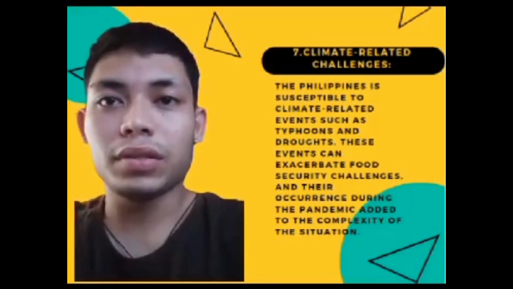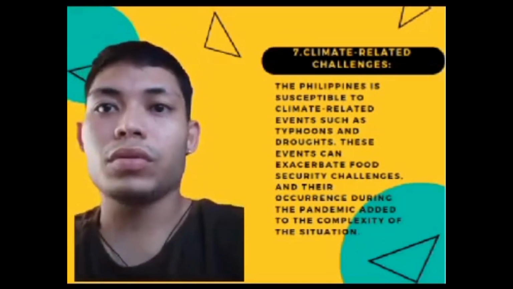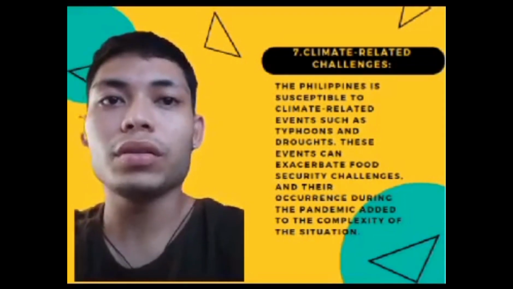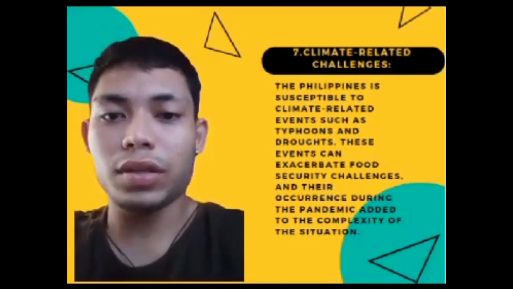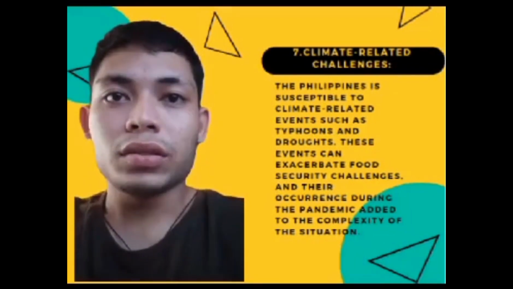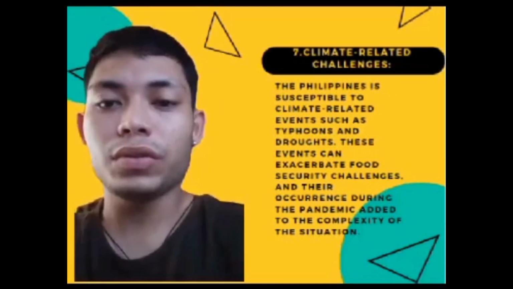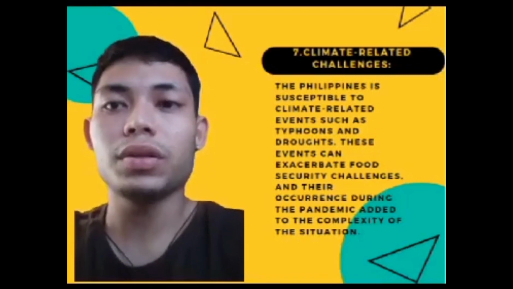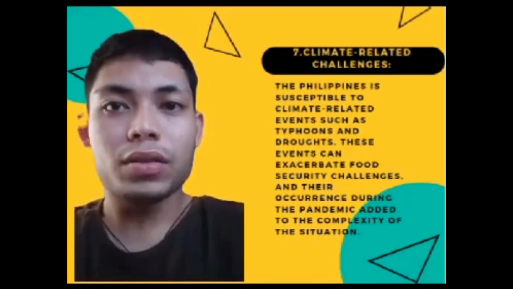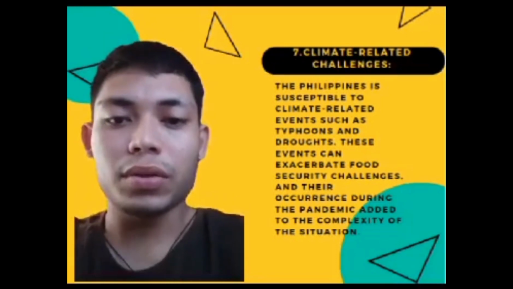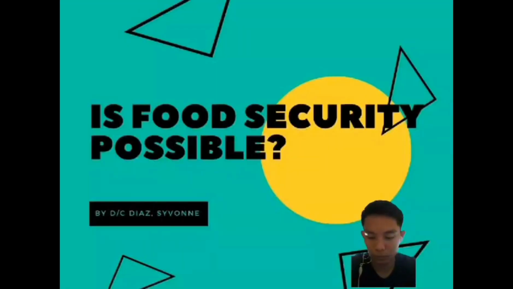The Philippines is susceptible to climate-related events such as typhoons and droughts. These events can exacerbate food security challenges, and their occurrence during the pandemic added to the complexity of the situation. That's all. Thank you.